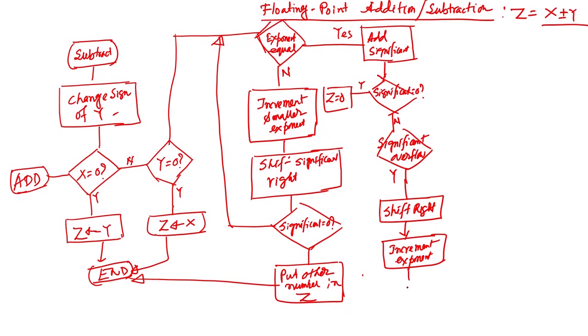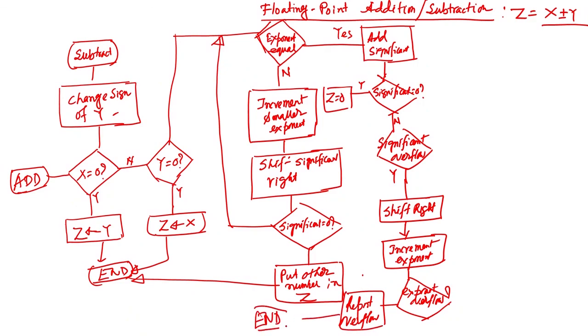So, if it is exponent overflow, then report overflow and end the result. If the exponent is not overflowed, then we increment the exponent. Okay.